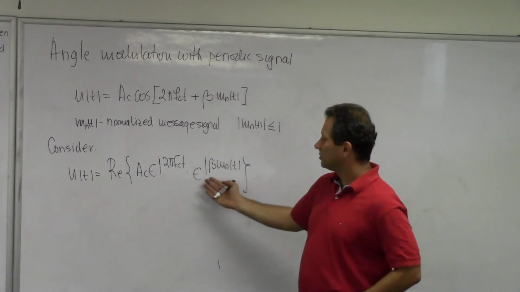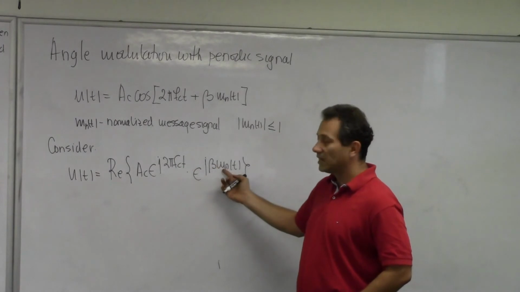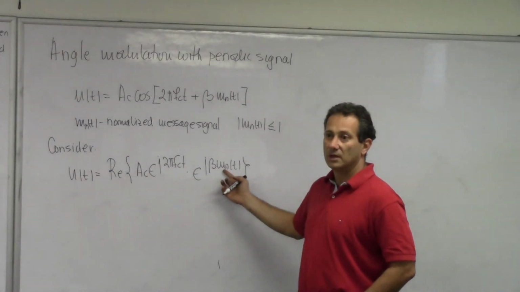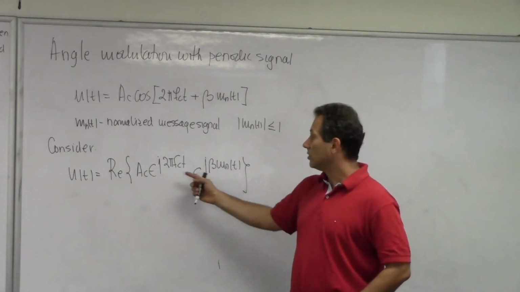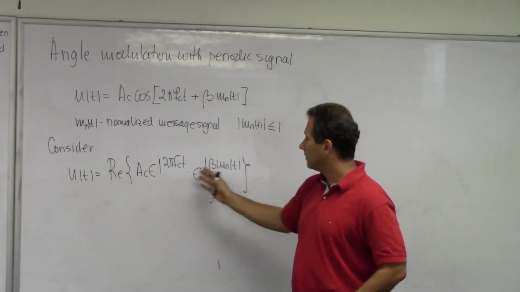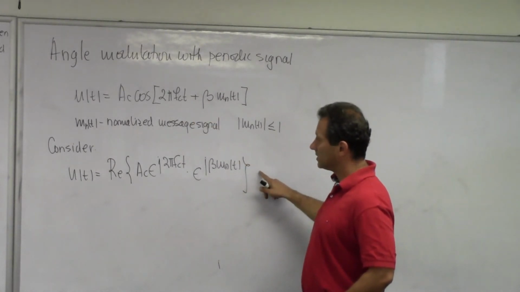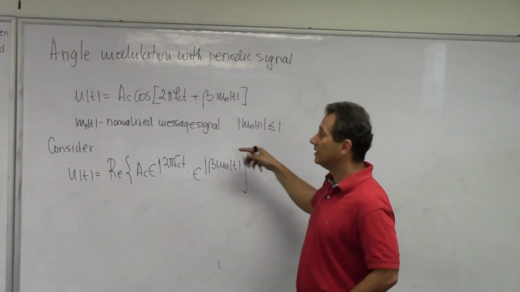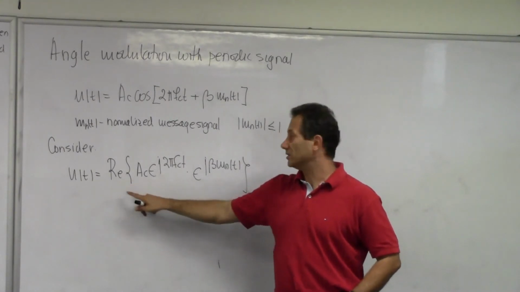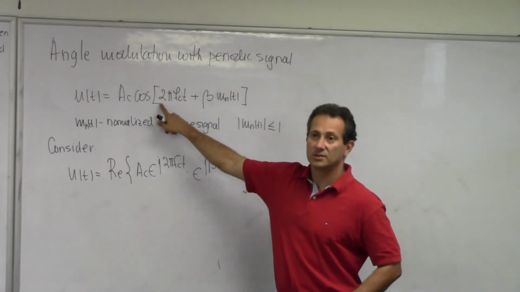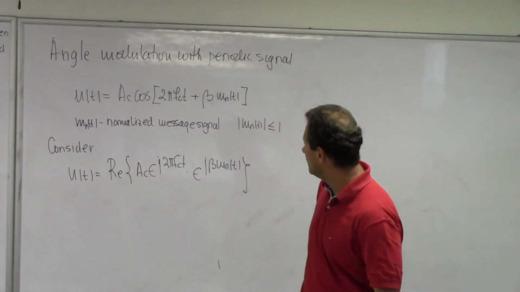I'll multiply these two. That becomes AC e to the j (2 pi fc t plus beta mn of t). Now e to the j something is cosine plus j sine. So it will have AC cosine of this plus j AC sine. And then the real part picks only the cosine. So this is the same thing as this. Just a notational convenience.